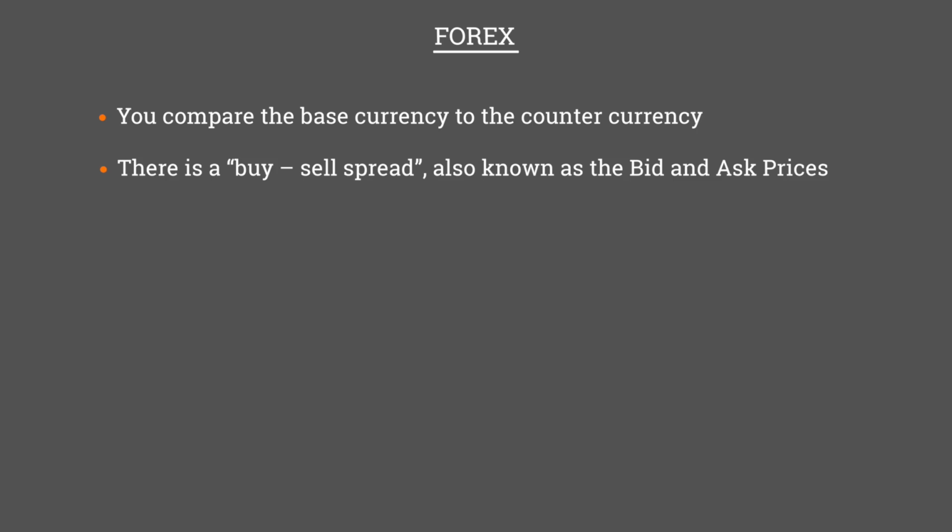And the difference between these two quotes, the bid price and the ask price, we call the buy-sell spread. So the word spread we sometimes use to refer to a range of different prices, a range of different numbers, a range of different scores. And in this case, it's all of the prices between the bid price and the ask price.